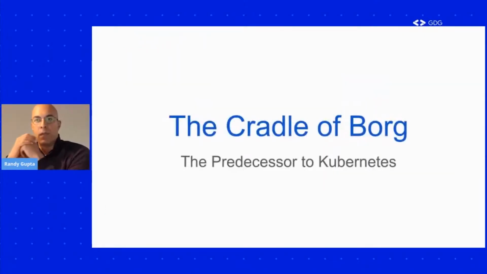So Kubernetes is actually a fork of Borg, which is a container platform used by Google internally. They are still using Borg, but Borg is very specific to the needs of Google. And Kubernetes can be considered the open source version of Borg.